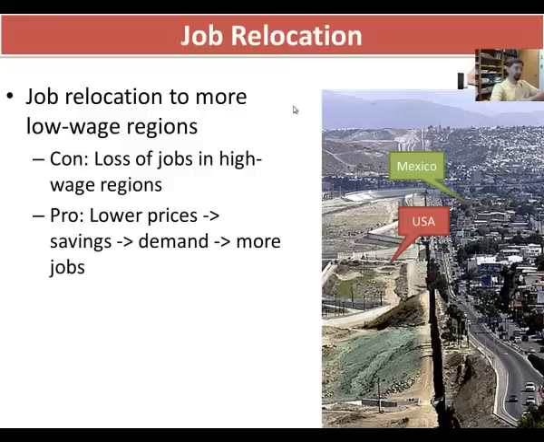Now, I have obviously the Mexico and United States context here, and it may seem like jobs are relocated only from the United States to Mexico, and it seems like it's a loss for the United States. But again, don't forget that America sends a lot of stuff to Mexico, mainly high-tech things, but all kinds of things, from financial services to all kinds of stuff. And so obviously America, having better technology as well as more experience with, for example, service provision, tends to beat Mexico in those specific areas.